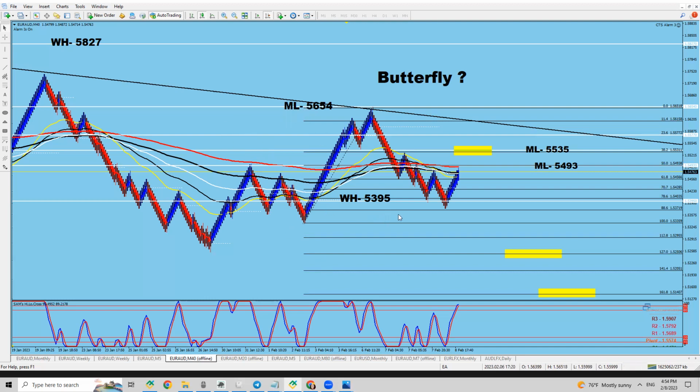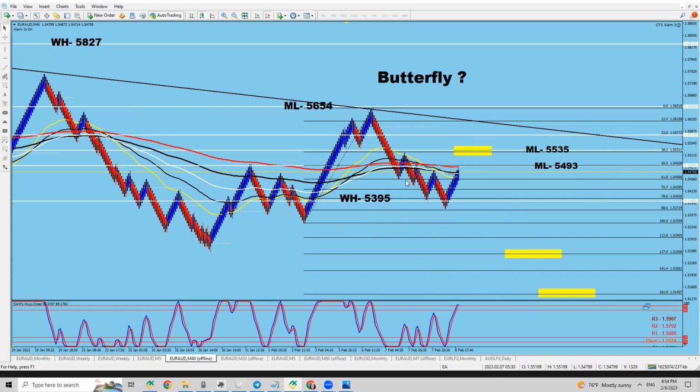That's it. That usually it does this and that. So we know 90% of the time, if it is 50%, then it goes back to 23%, then it goes to 88. If it's 61%, it goes back to 23 and then 78. If it is 78%, then it goes back to 38 and then goes to 127 and 161. These numbers, just remember that this is what it always does. The price always does that.